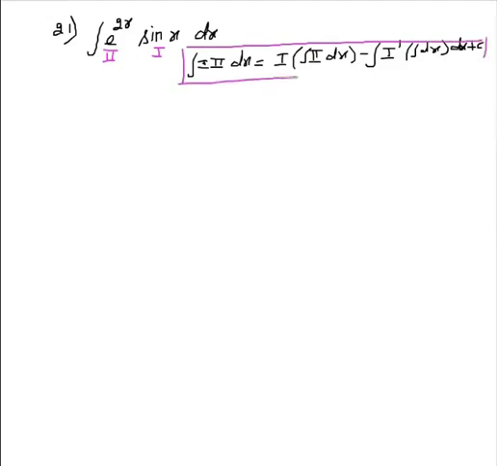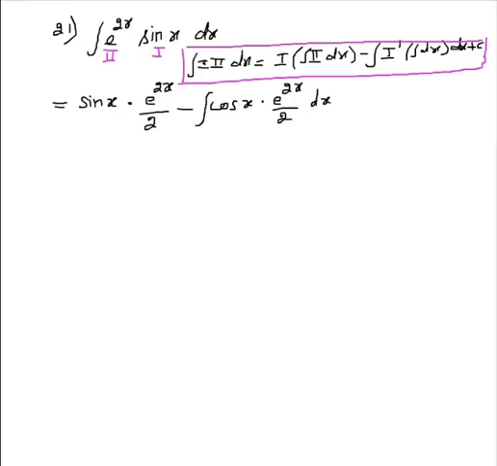So integration by parts method should be applied twice for such questions. First function is sin x into integral of the second function. Integral of e power 2x is e power 2x and divide by the coefficient of x, 2, minus integral differential of sin x is cos x into integral of e power 2x is e power 2x divided by 2 into dx.